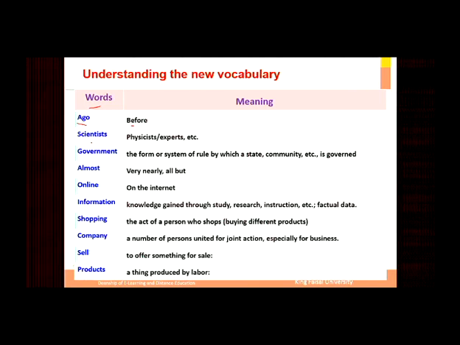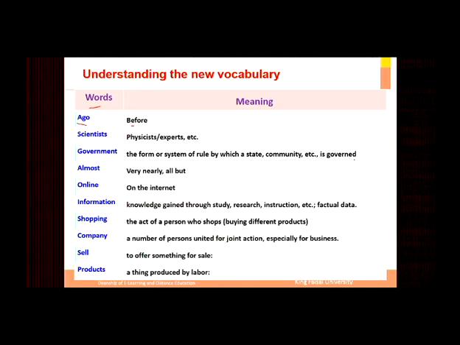The word scientist refers to physicists, people who are experts in certain medical or physical professions, or any specific kind of science that somebody is specialized in. The word government refers to the form or system of rule by which a state or community etc. is governed.